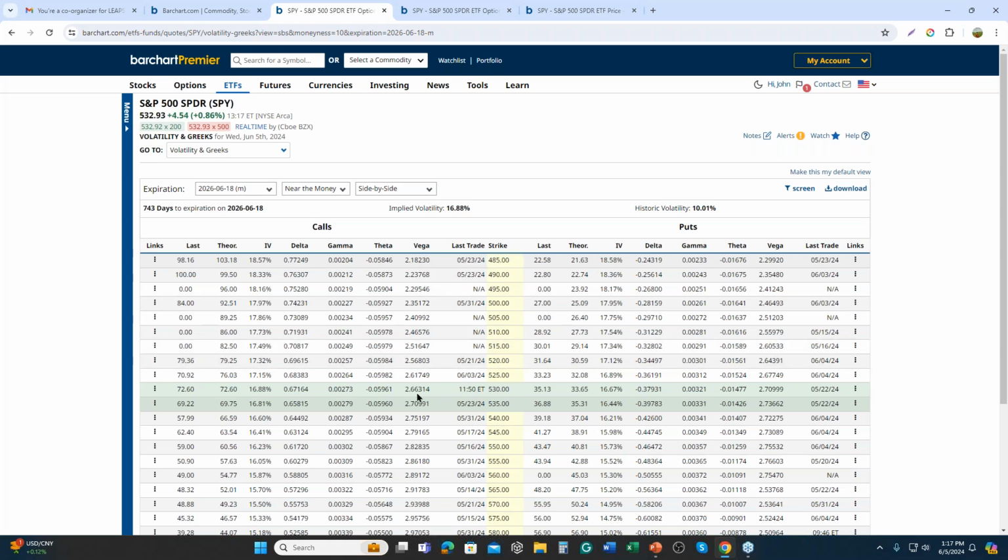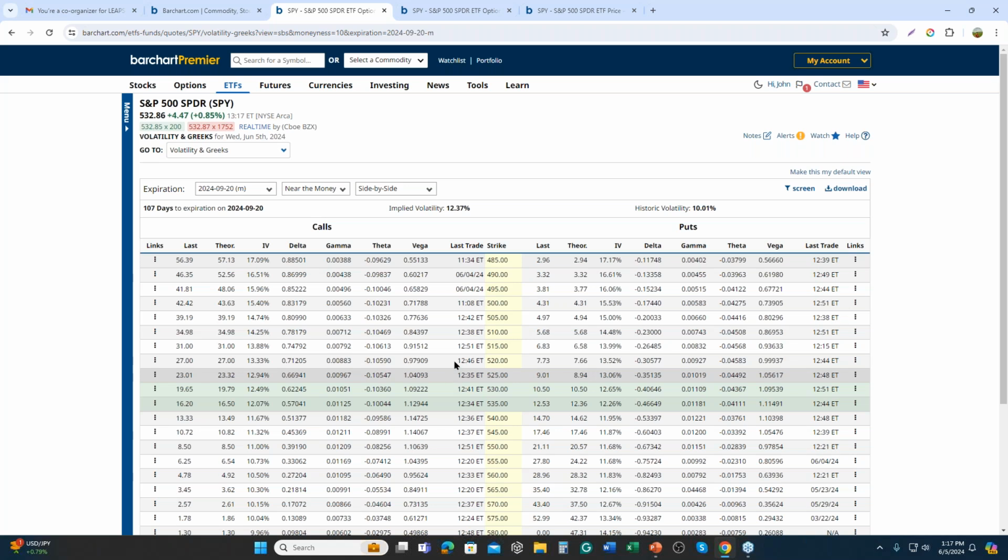Our vega for the at the money call is 2.66, or in other words, $2.66. That means for every 1% change in implied volatility, this option will change by $2.66.